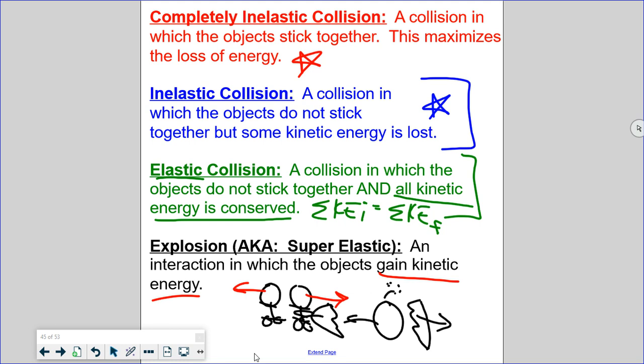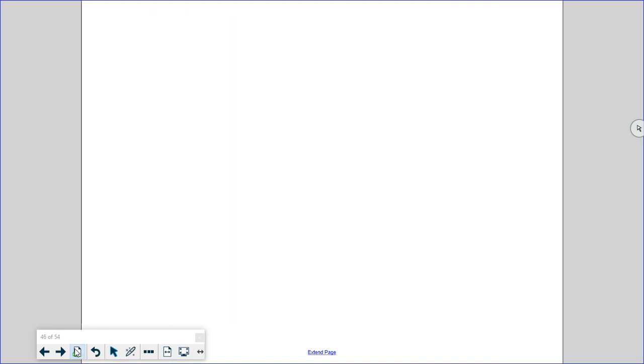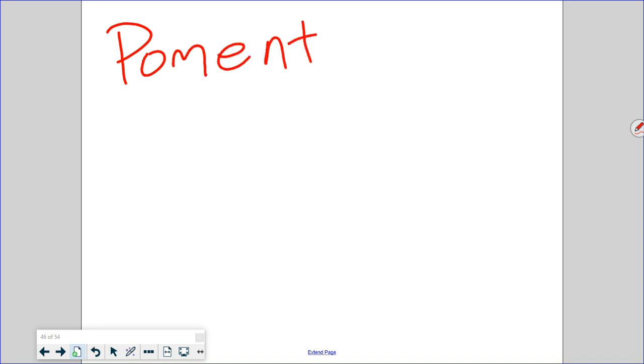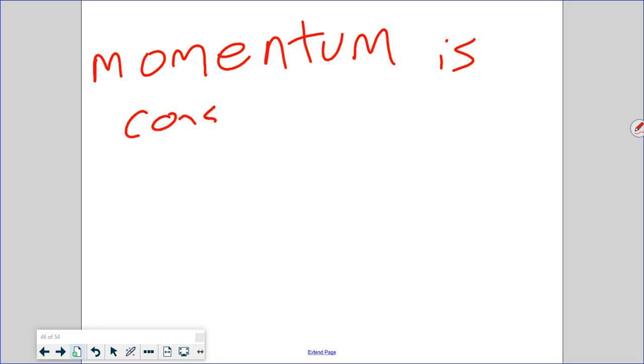Now, what is important, and I cannot stress this enough, in fact, so much so that I'm going to add a page: momentum is conserved in any of these interactions.